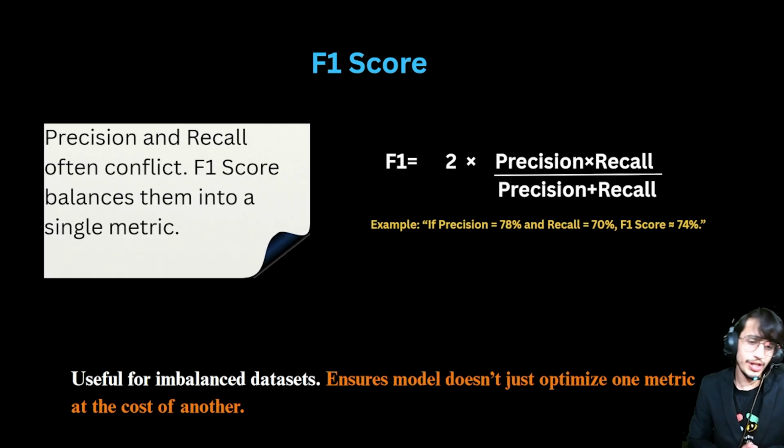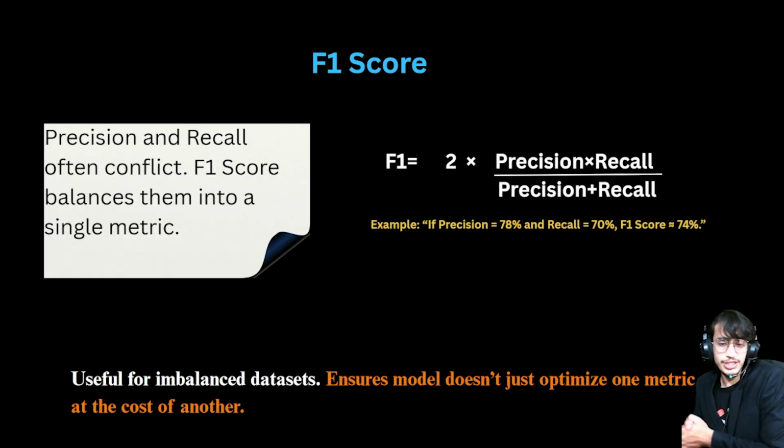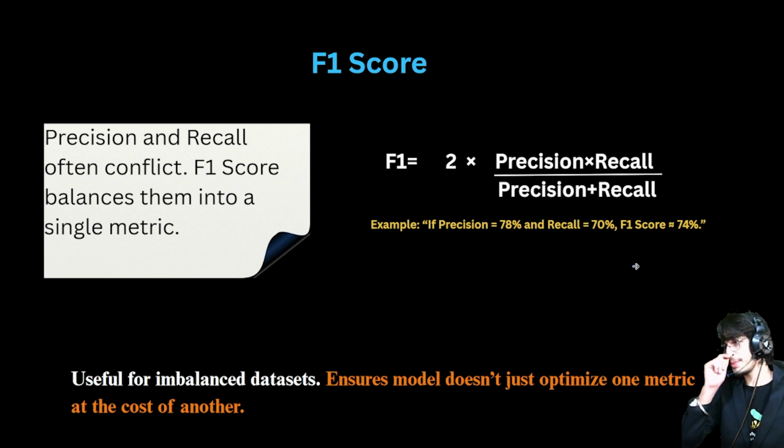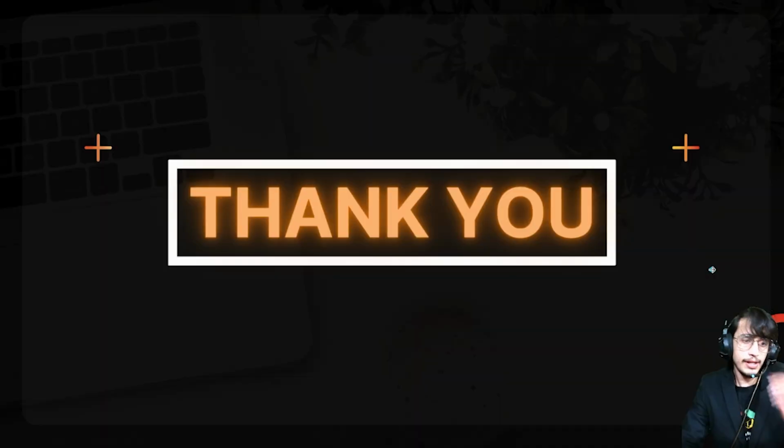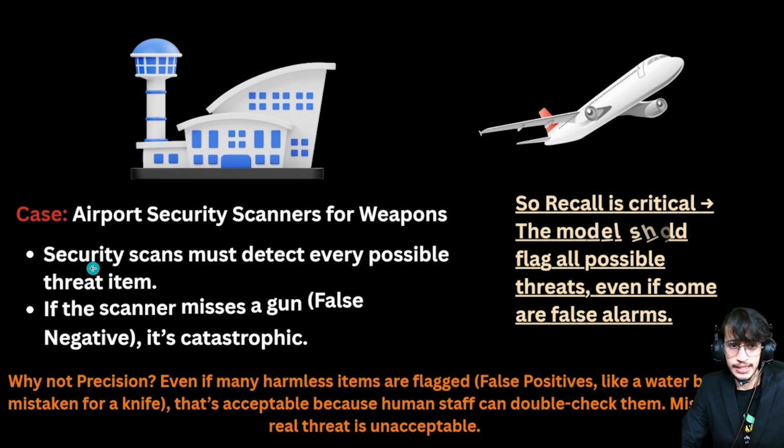It is useful for imbalanced data, and it ensures that the model doesn't just optimize one metric. So there are some cases where we want both precision and recall, and we use the F1 score.